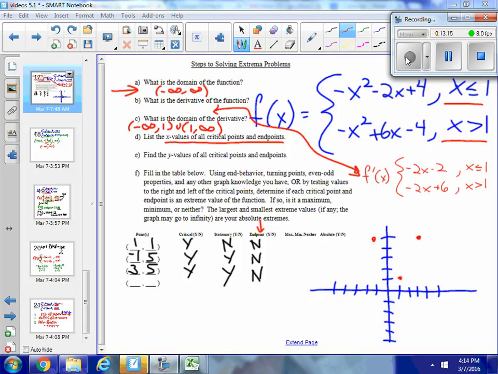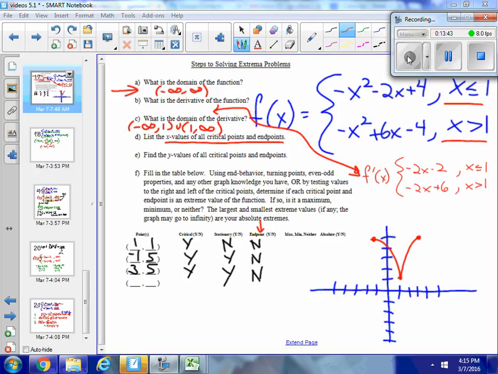Now, those are the only possible points where my graph can make any turns, because the only place a graph can change directions is at a critical point, and those are the only critical points that I have. So I know that I have to be going up from here and up from here.